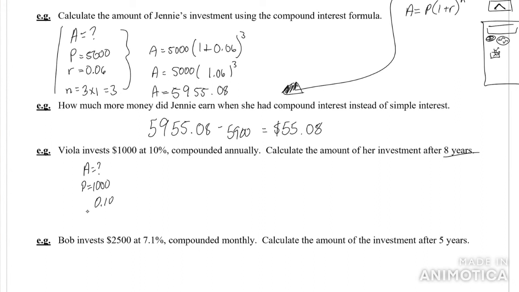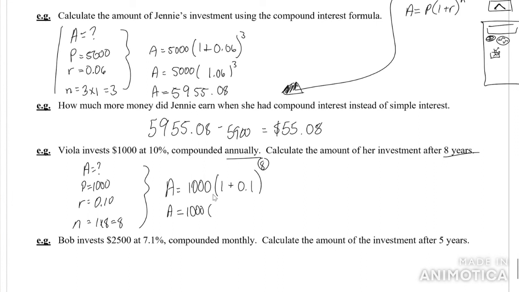And finally, N is equal to, well, compounded annually, so once per year times 8, so that gives me 8. So my formula that I can plug in is A is equal to 1,000 times 1 plus 0.1 to the power of 8. So you can see right away we're going to need that power symbol on our calculator.